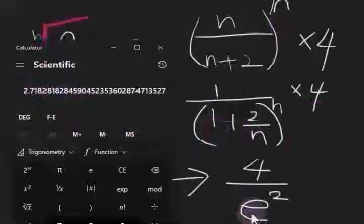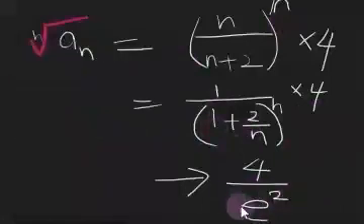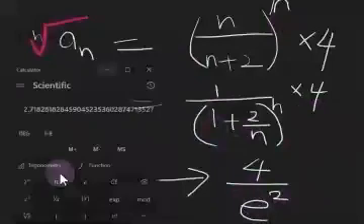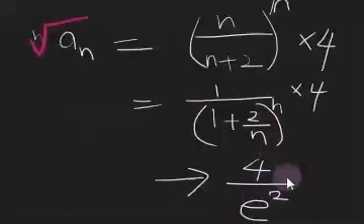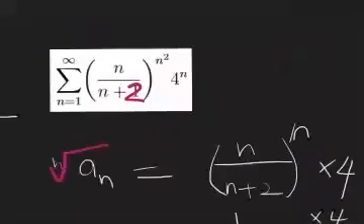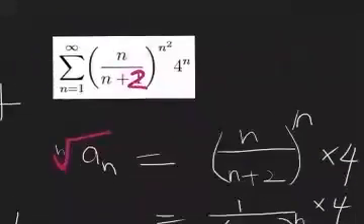Here we are considering the square of that, which is something like 7.389. So this number is bigger than 4. Therefore, the limit is less than 1. From root test, this series is also convergent.